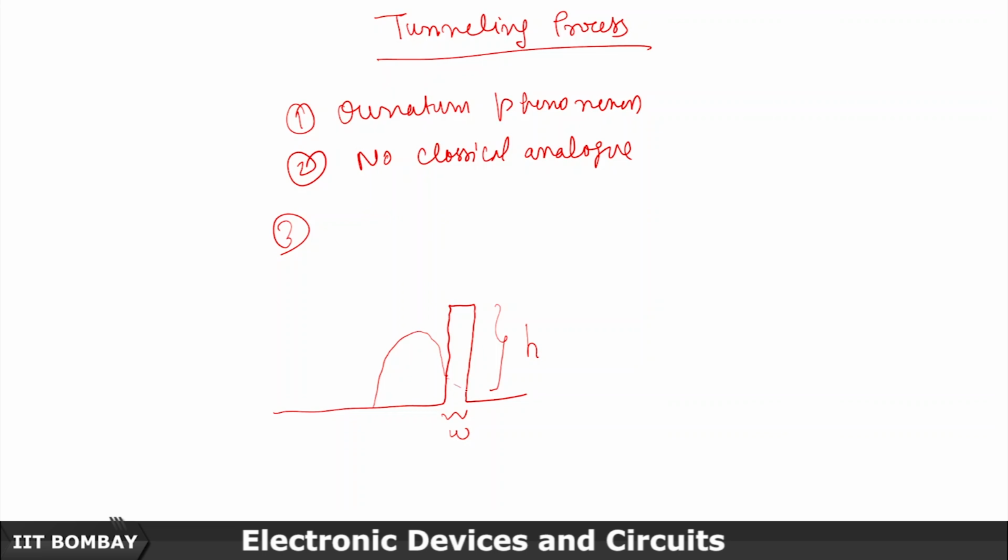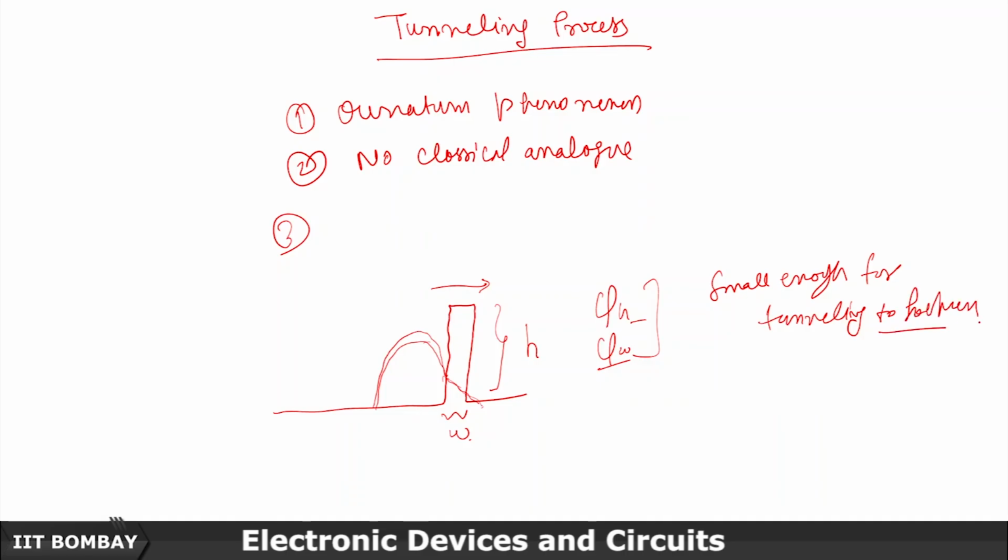It will continue, something like this. So this basically allows the tunneling of the electron from here to here, but under the condition that the barrier potential phi h or the width of that needs to be small enough for tunneling to happen.